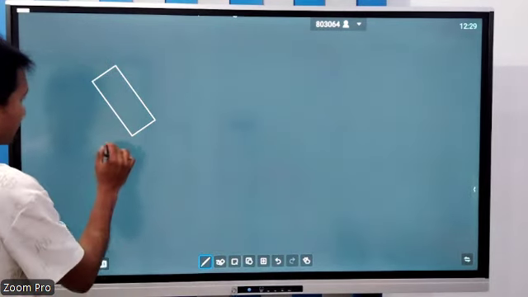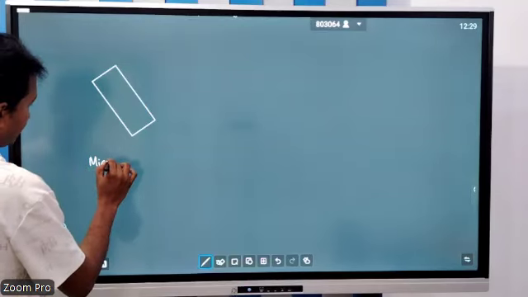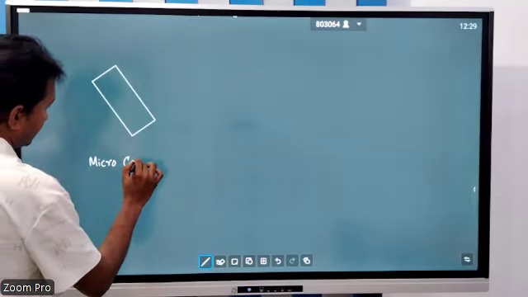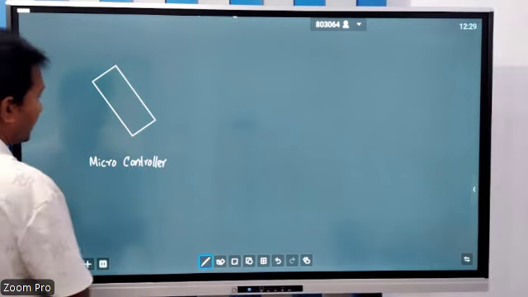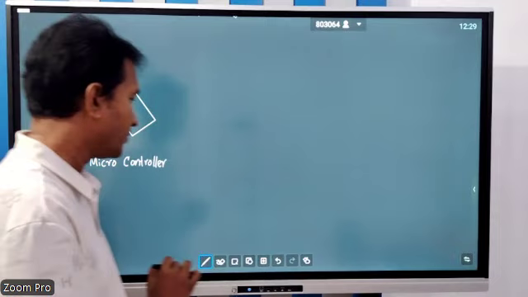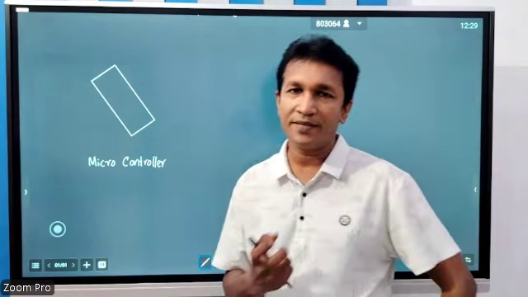So this is the microcontroller. Now, we know that this is a small computer chip, right?